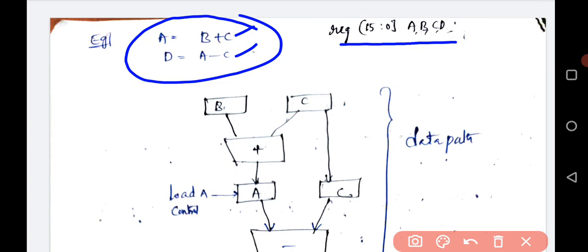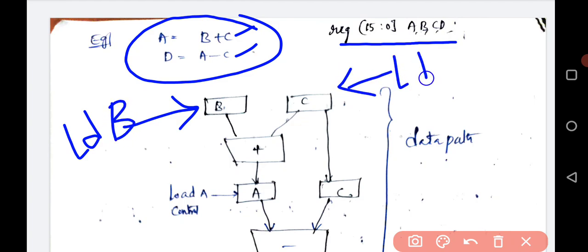So first of all, if you want to perform the B plus C operation, you have to load the data, right? That can be the load B signal. At the same time you have to load the data in load C also.